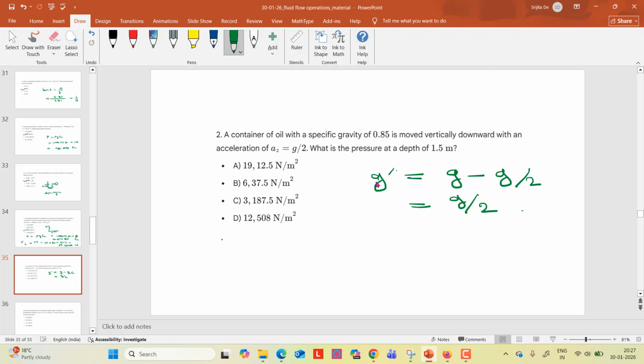So now the pressure will be rho, which is 0.85 into 1000, g will be g by 2, and the depth is 1.5. So what is coming?